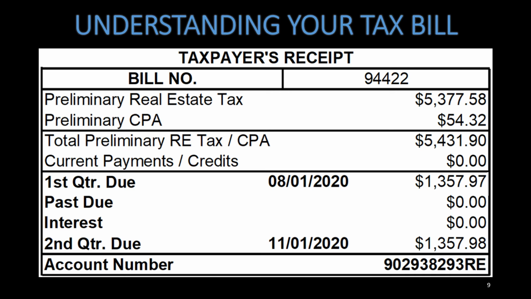Those two values, the past due and the interest, are added into your first quarter's payment. If, for example, you had, say, $100 past due and, say, $5 in interest, you would actually see the first quarter payment be $105 more than that $1,357.97, which is calculated.